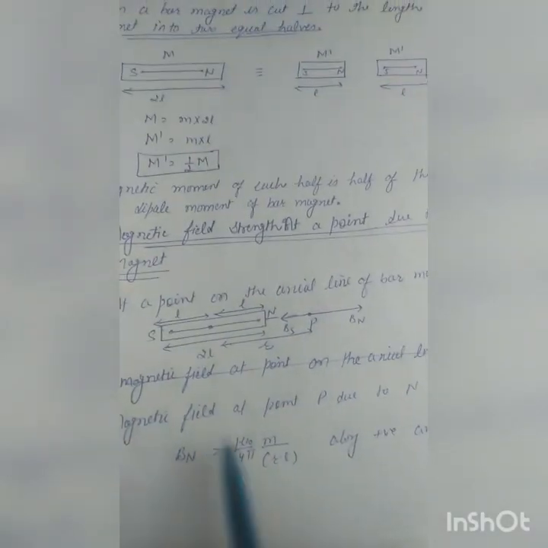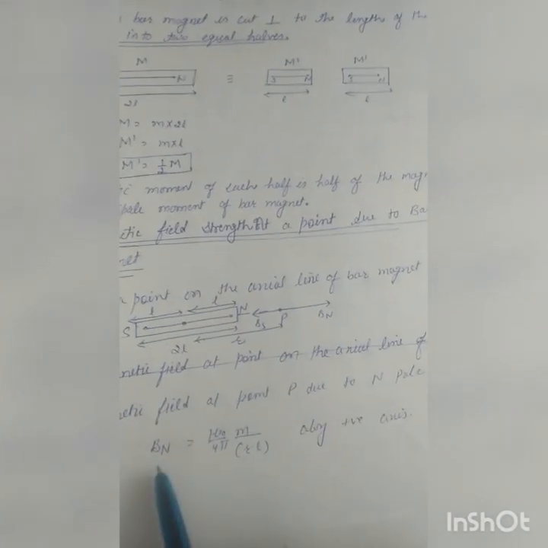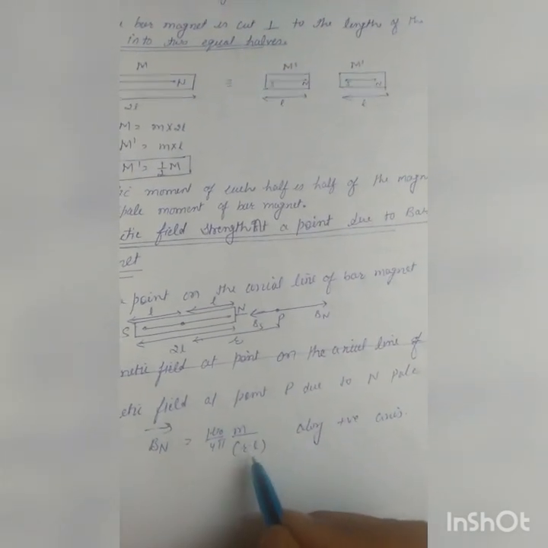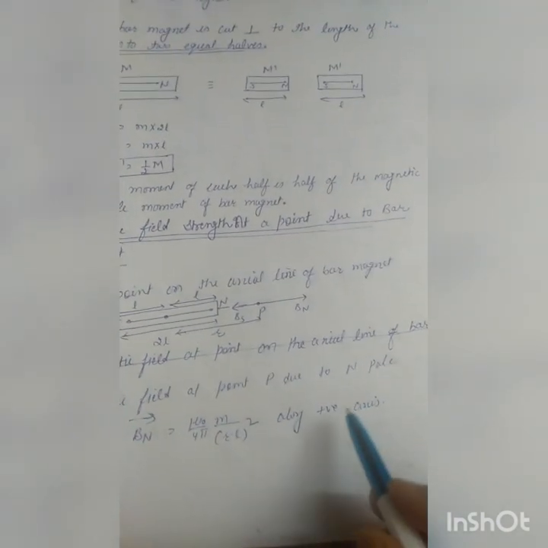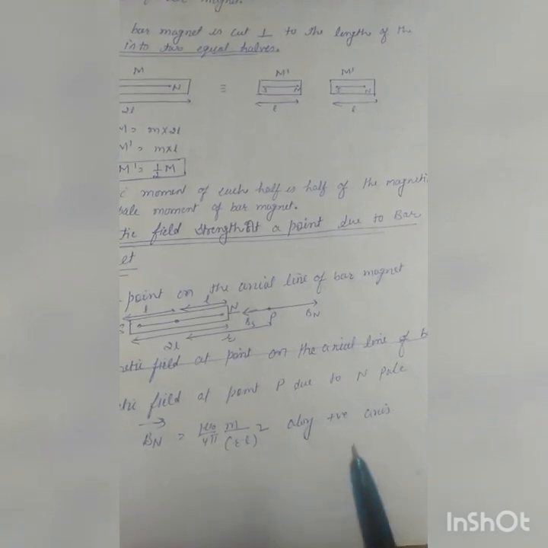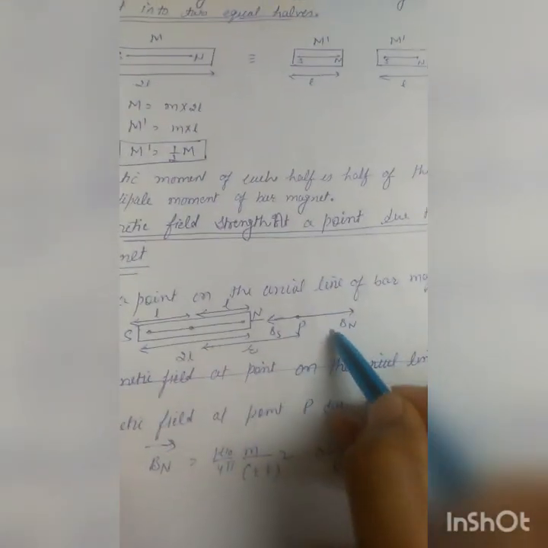Now the magnetic field at point P due to the north pole is given by Bn is equal to mu naught upon 4 pi, m upon (r minus L) whole square, along the positive x-axis. As we know, the magnetic field due to a north pole is directed outward, so it is represented by Bn.